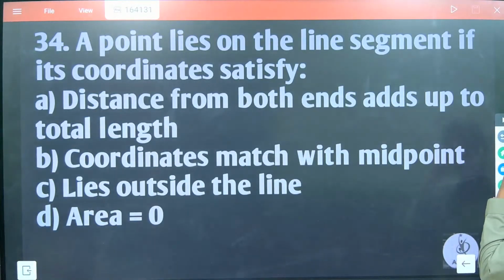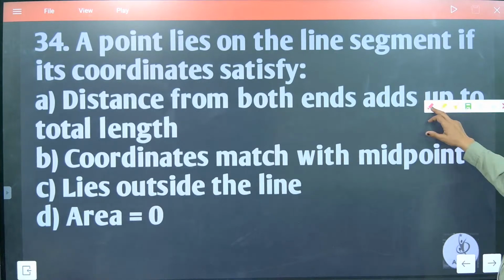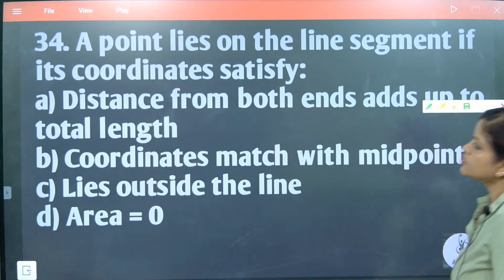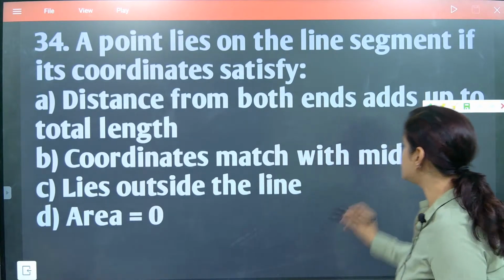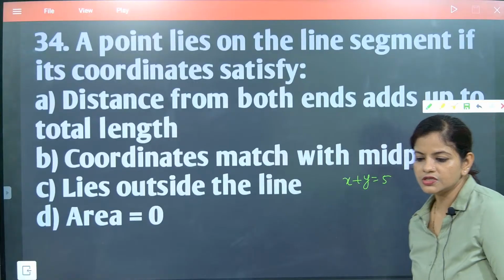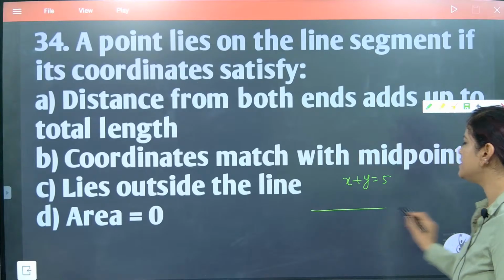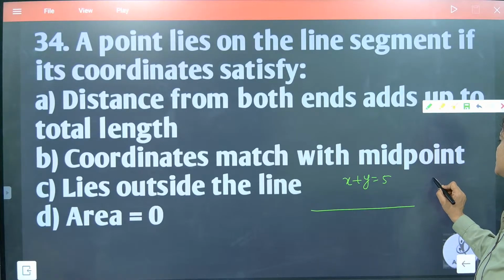Can we check? The area part, I don't know, but we need to discuss one thing here. Let's check this one out, beta. First I'm writing x plus y equal to 5. So this is a line. Got it? Now a point is present on the line, the point with values -2 and 1.